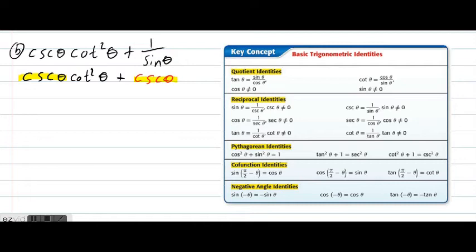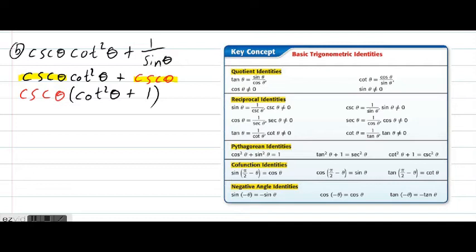Let's see what happens if I factor out a cosecant theta. It might help me, or it might lead me down a dead end. But I have to try something. Since I factored out the cosecant, I'm left with cotangent squared of theta plus 1.